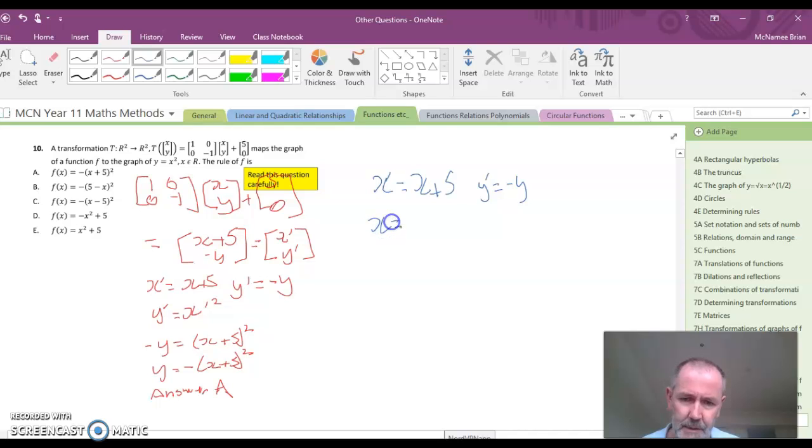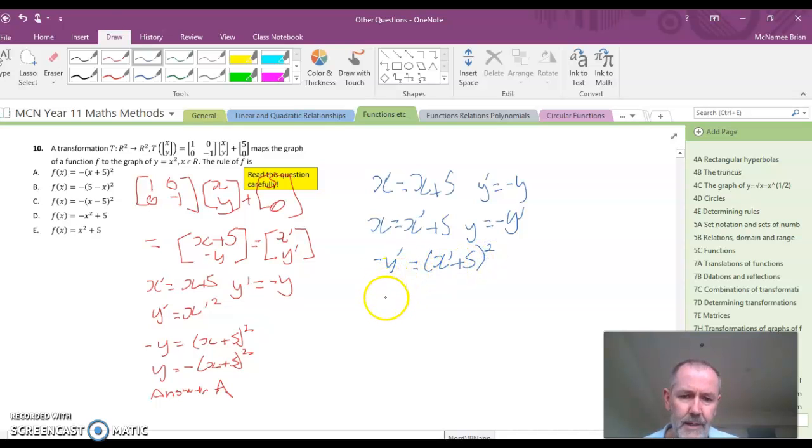So x equals x dashed plus 5 and y equals minus y dashed. So we then substitute in our function y equals x squared. We get minus y dashed equals x dashed plus 5 all squared.